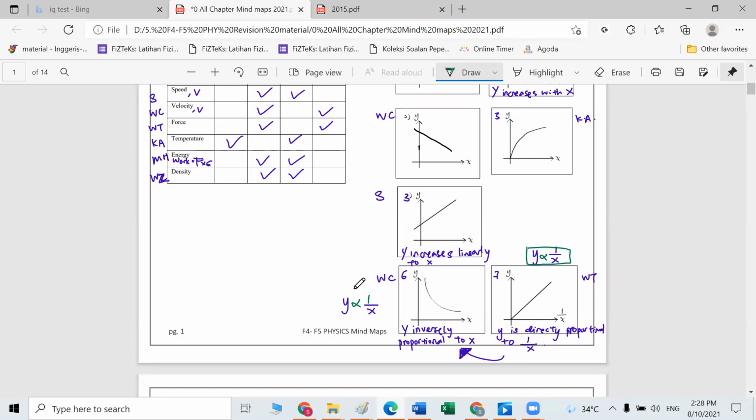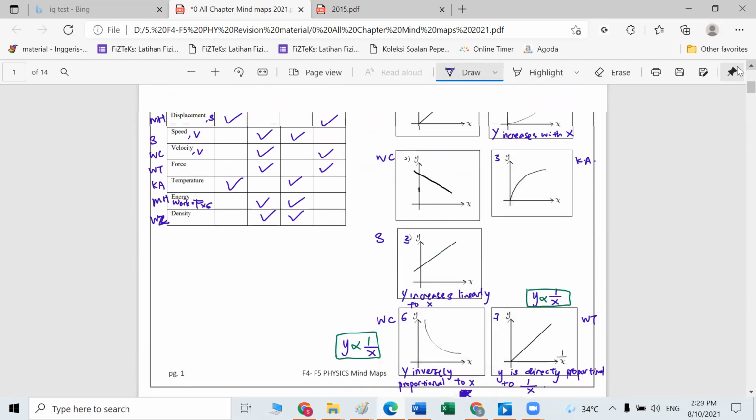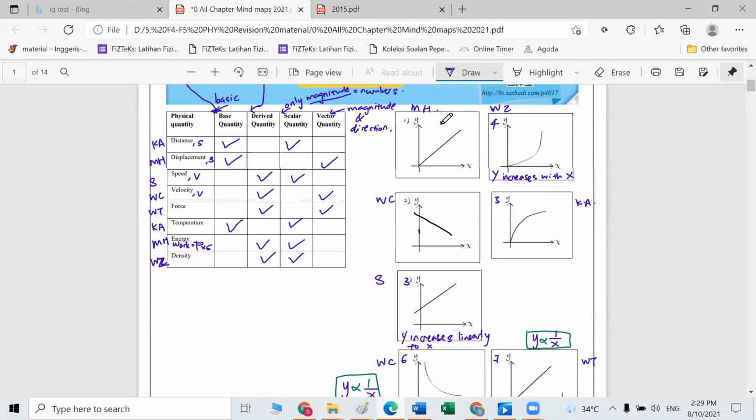Okay, this one we have learned in Form 4 before, but I believe you might not be able to remember already. Yeah, Ming Hong, agree with you, y equals x. So the relationship, you must say y directly proportional to x.